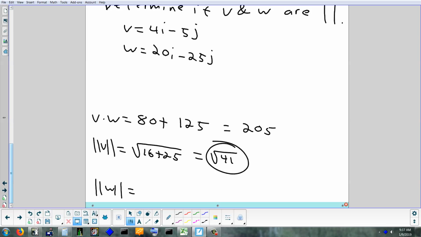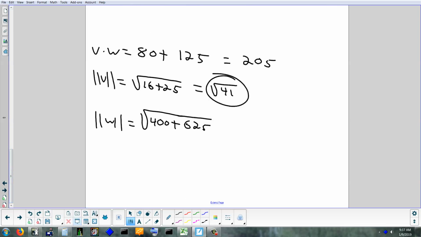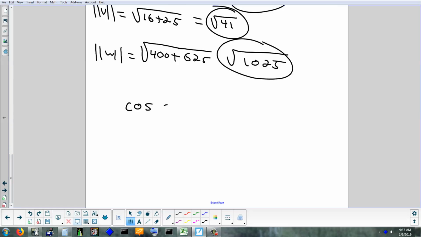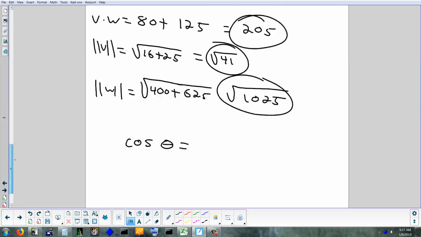And the length of W, 20 squared is 400. -25 squared is 625. 25 times 25. So that's the square root of how much? 1,025. Okay, so let's plug it into the formula and see if the angle is 0 or 180. Cosine of my angle, what goes on the top?